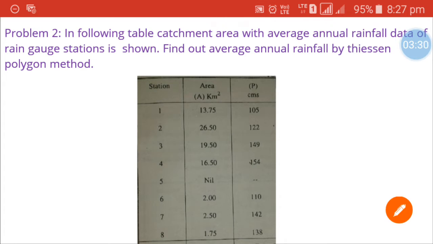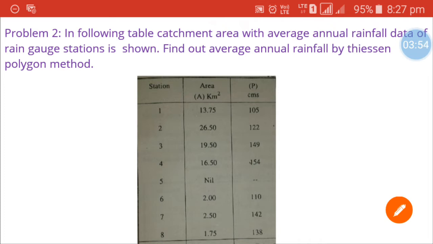In a given diagram, the different rain gauge stations are shown and joined together, and the lines are bisected, which results in the formation of polygons. The area enclosed in each polygon is measured with the help of a planimeter, and for each rain gauge station we also have the value of rainfall.